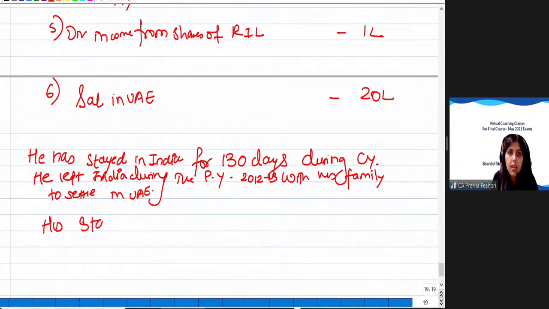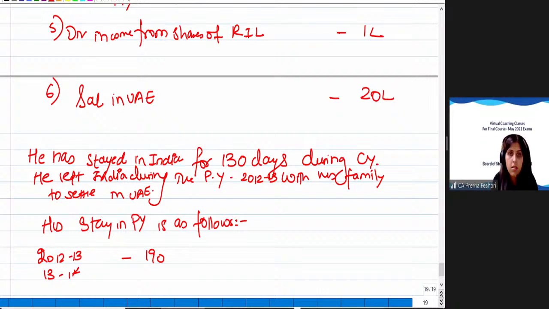His stay in previous years is as follows: 12-13, 190; 13-14, 150.